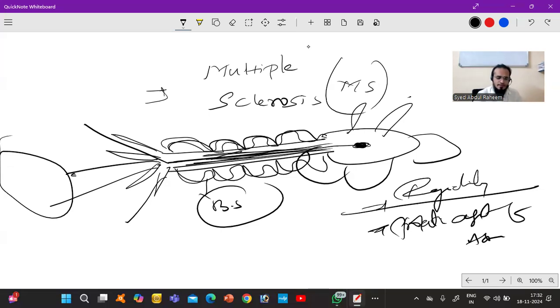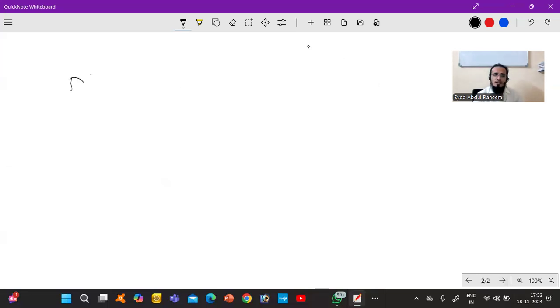So what will happen in the case of multiple sclerosis? The myelin sheath will degenerate.